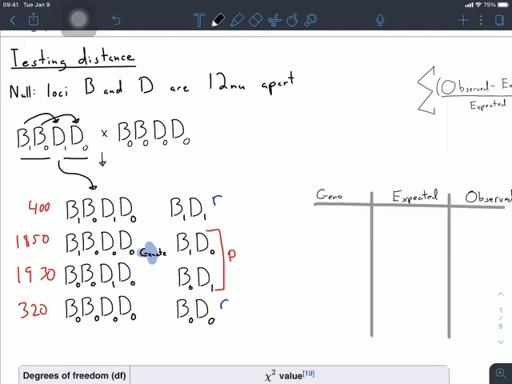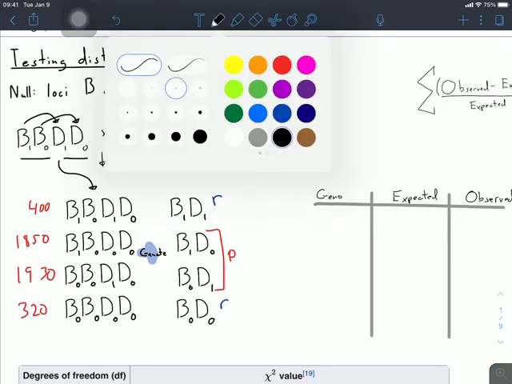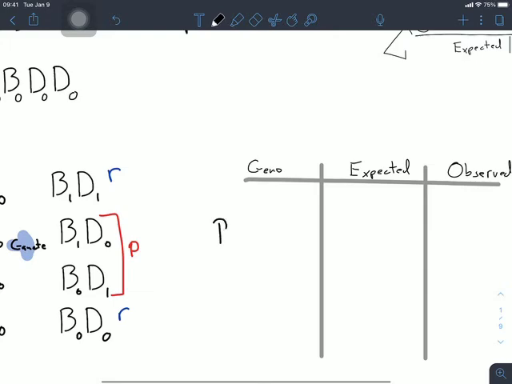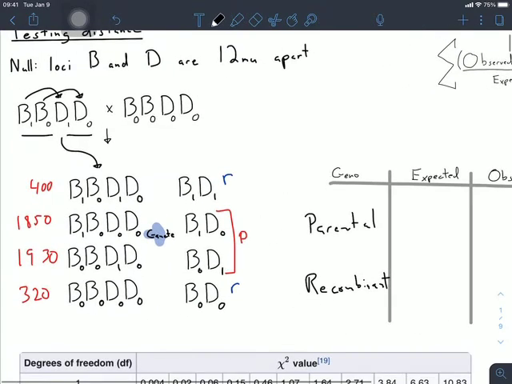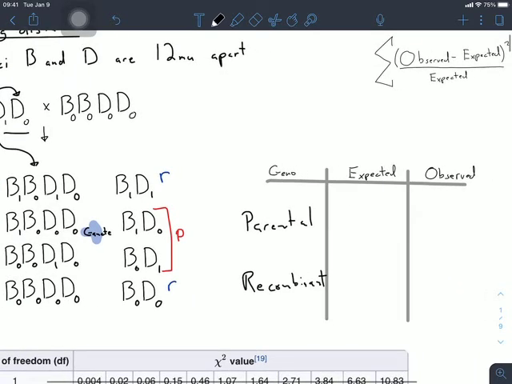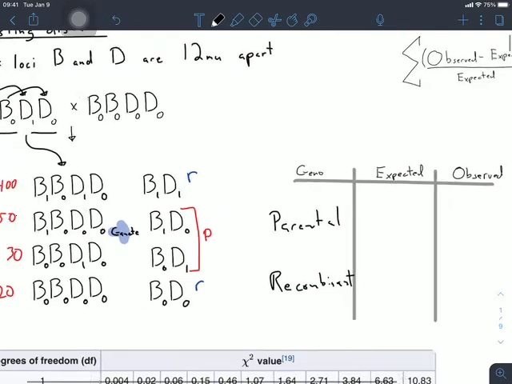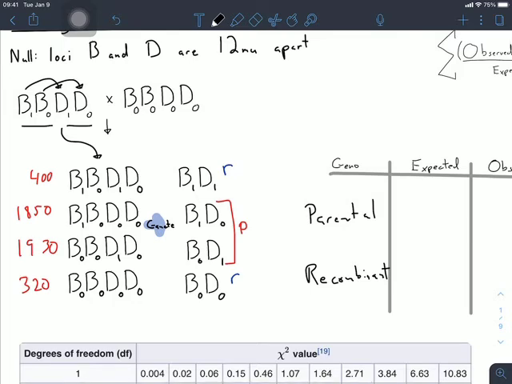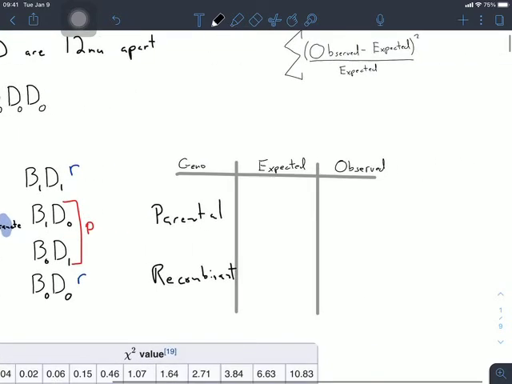So into this box of genotypes, I will write the sum total of our parental and the sum total of our recombinant. Because ultimately the B's and D's and 1s and 0s don't matter, we're just looking for the different types in terms of parentage.